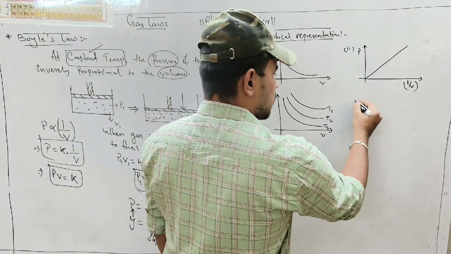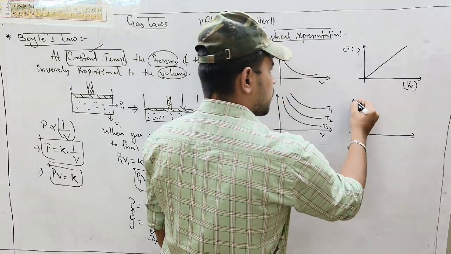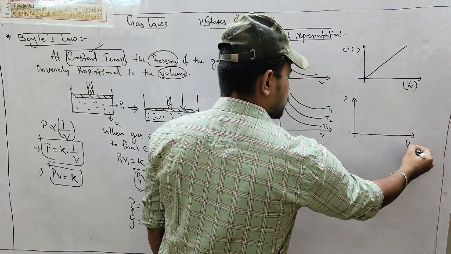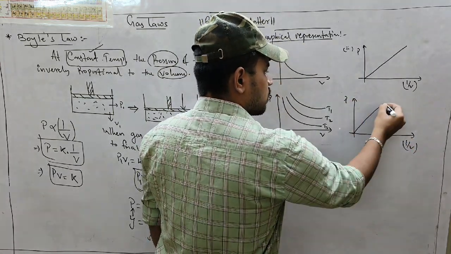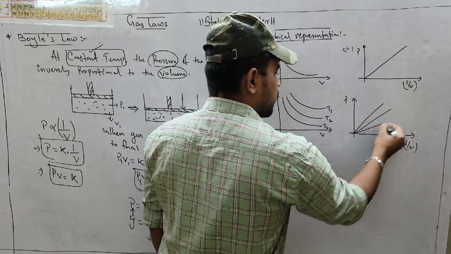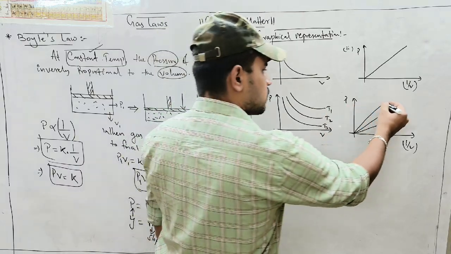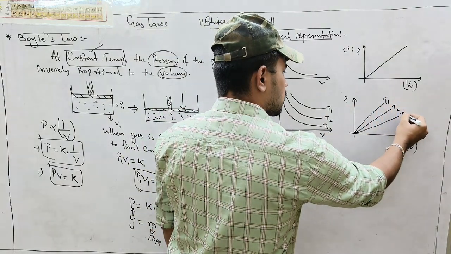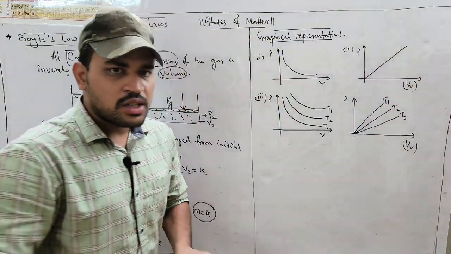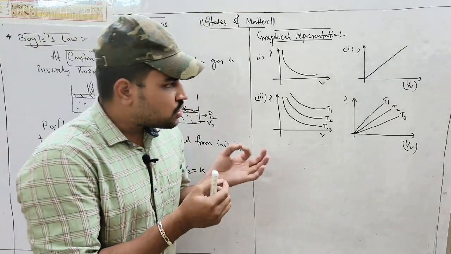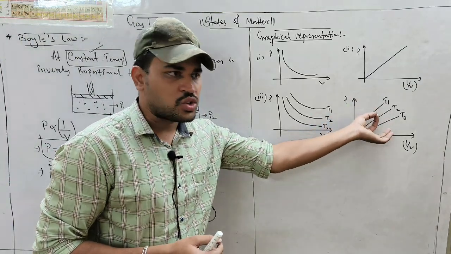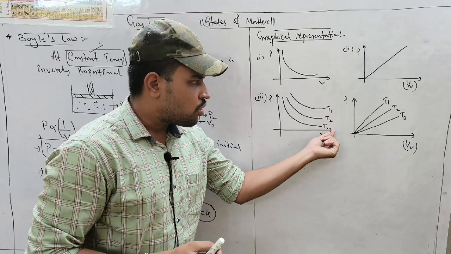Similarly, if the graph is made between pressure and 1 by V, at different temperatures the slopes will be different. In this case, this is T1, this is T2, then this is T3. The next question comes: which one has the highest temperature, T1, T2 or T3?